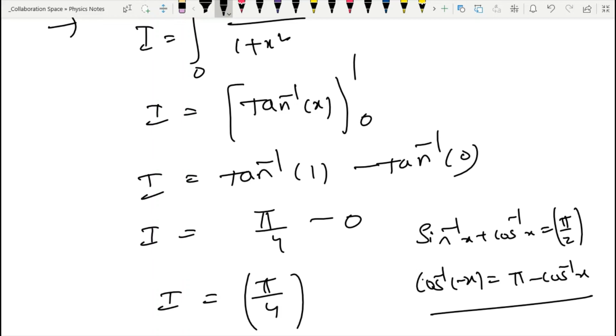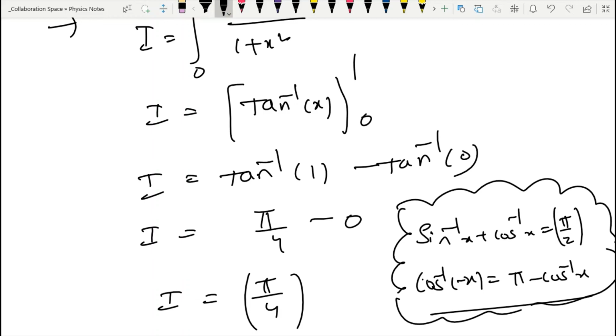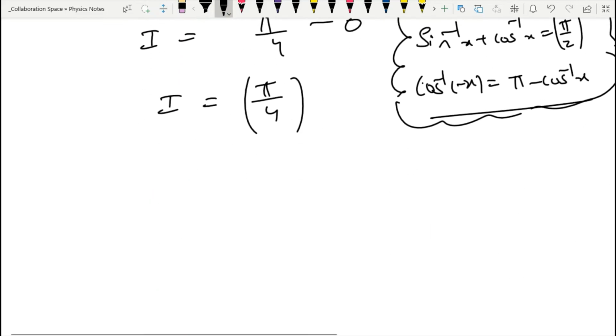So these are the values that we will study in inverse trigonometry. I think you haven't seen inverse trigonometry also. So please remember these points. We use these points whenever we require them. Inverse trigonometric formulas.